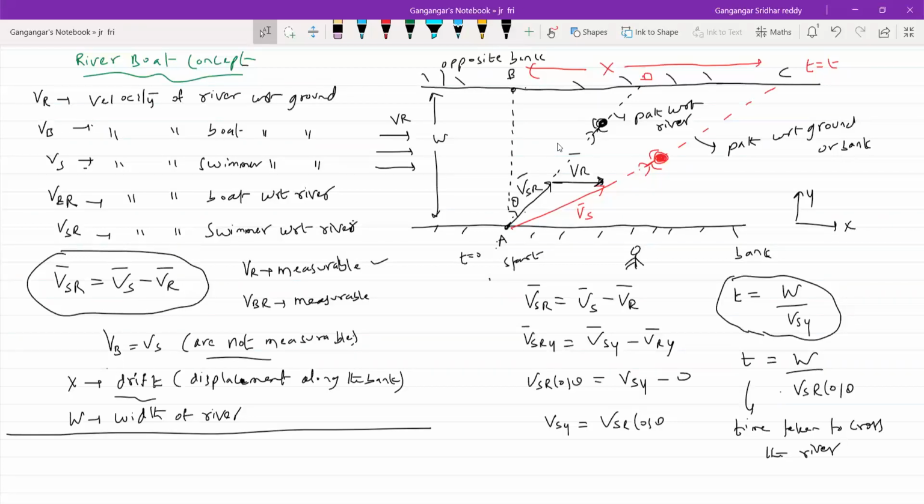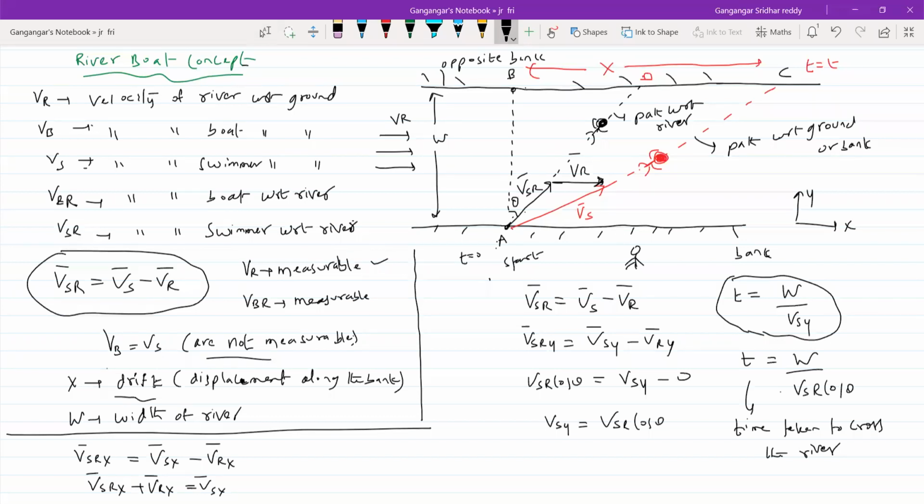I will continue the discussion here. So shall we break up this VSRX? VSRX equals VSX minus VRX. So these are very important.